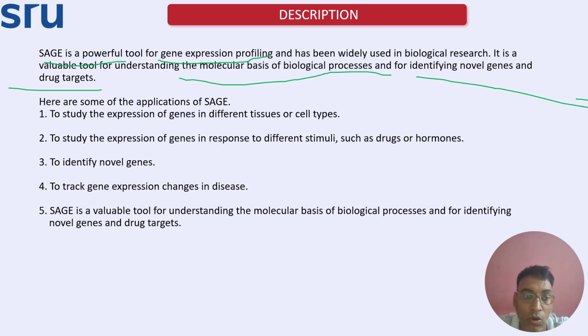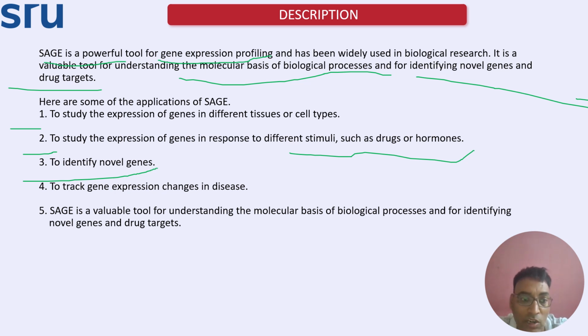I can map their functional network. So what are the applications? To study the expression of genes in different tissues or cell types, and in response to different stimuli such as drugs or hormones. Some proteins will be specifically produced. To identify novel genes, as I just explained.